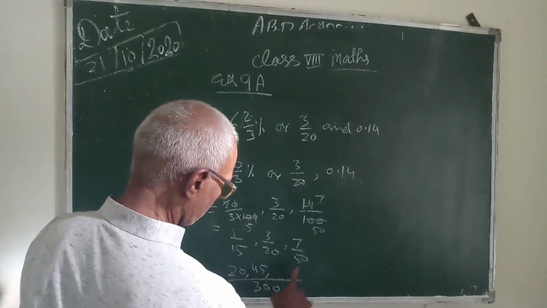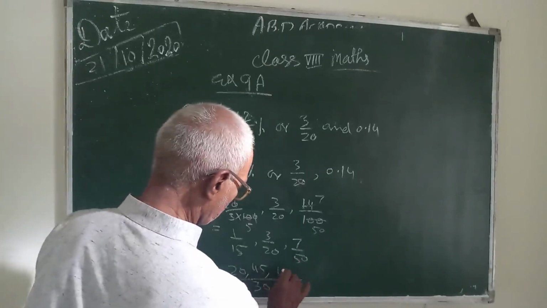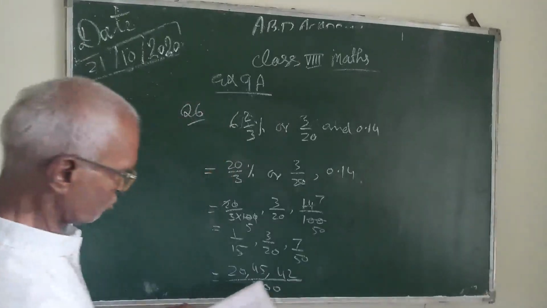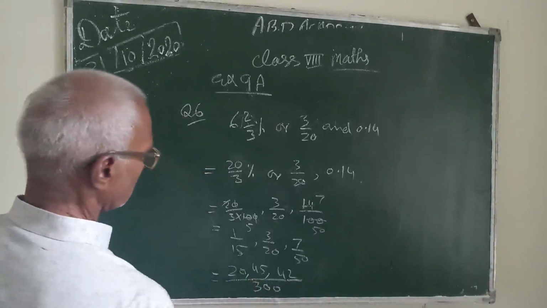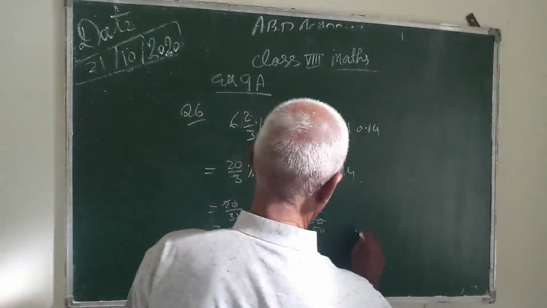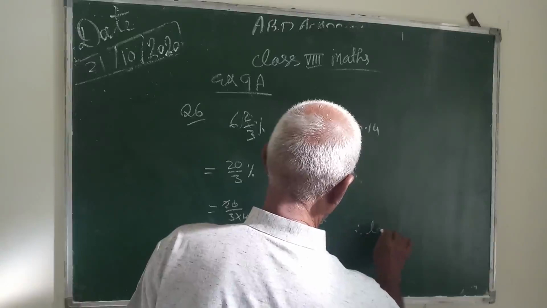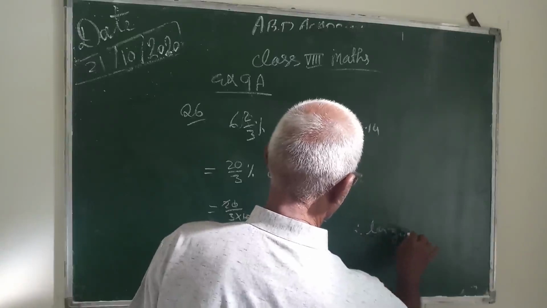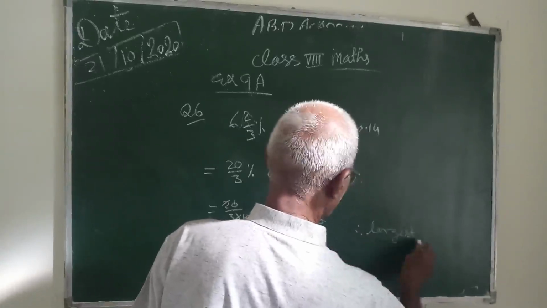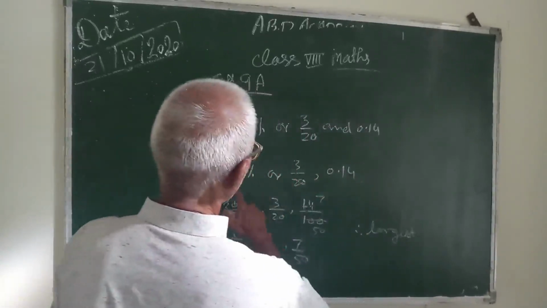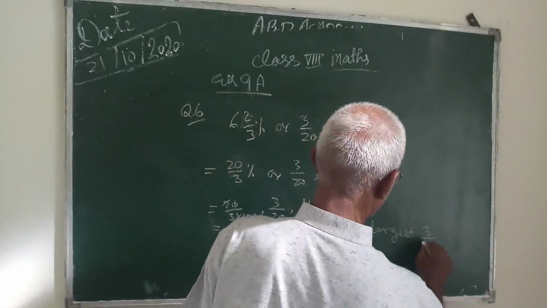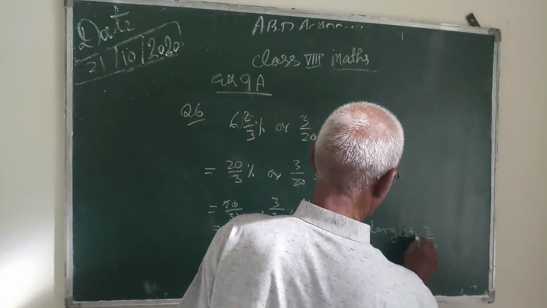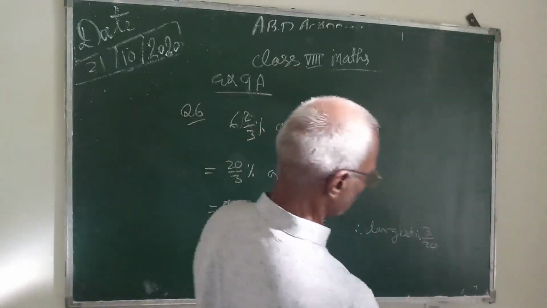When 300 is divided by 50 it comes 6, and 6 times 7 is 42. Thus you see, when the denominator becomes the same, the greatest is 3 by 20. Therefore the largest among the given percentage, ratio or decimal is 3 by 20. This is our answer.